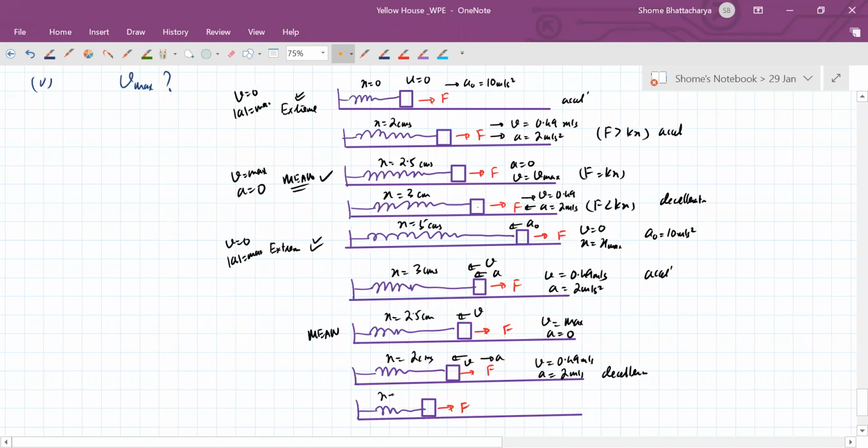So by the time we come to x equal to 0, v will become 0. But a is maximum, so we are back to the extreme position.